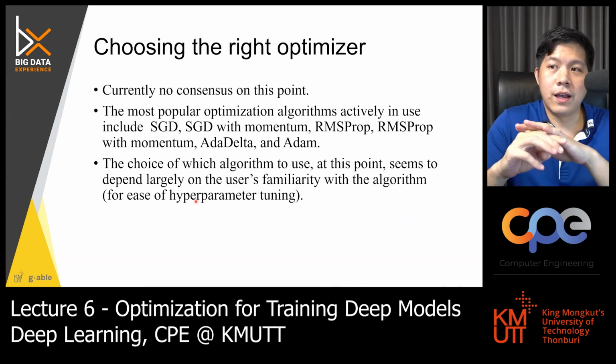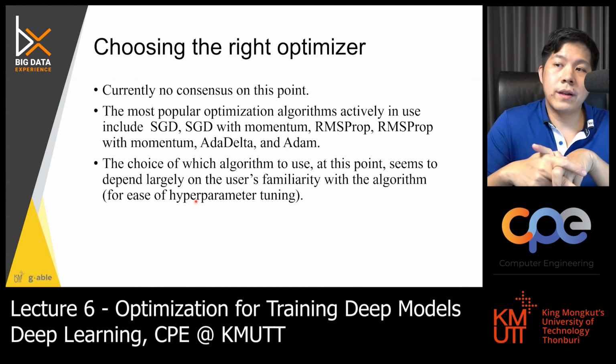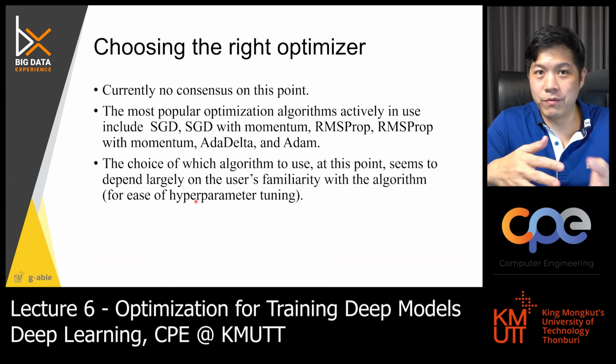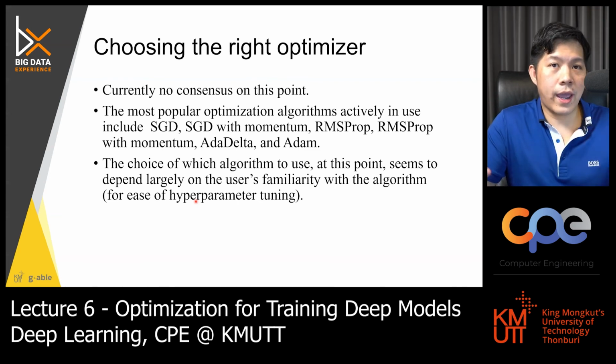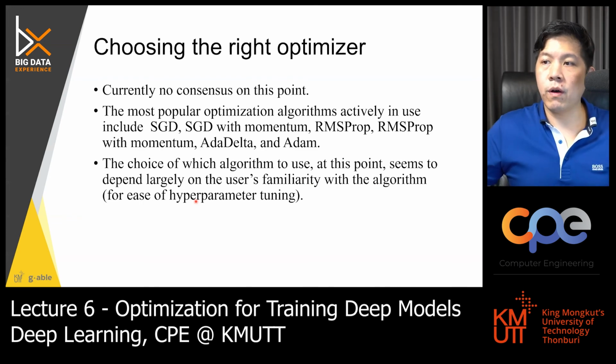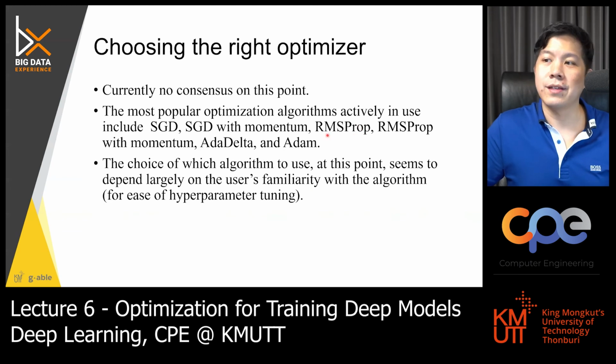There's no consensus on which one is better than which. The popular and simpler one is SGD. Very simple. And actually, you can even implement the rest on your own. Even for Adam and RMSProp, the algorithms are not that difficult. You just need accumulation parameters, and then you can implement it on your own.